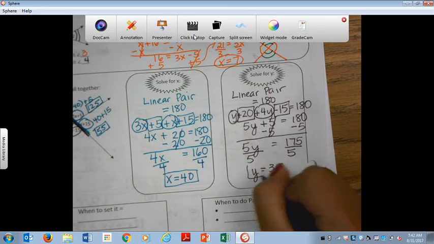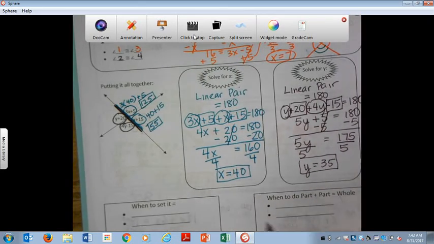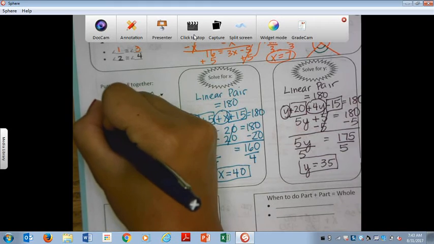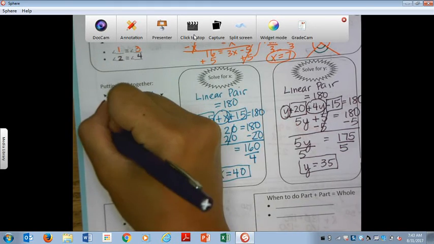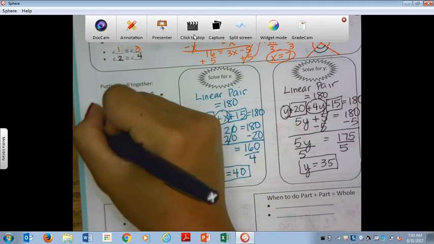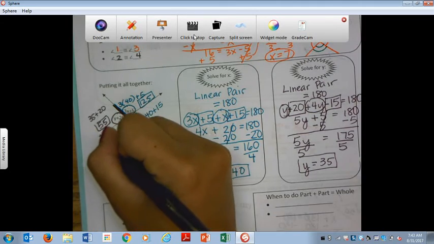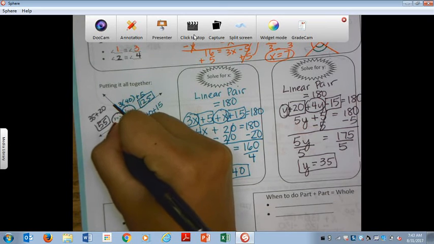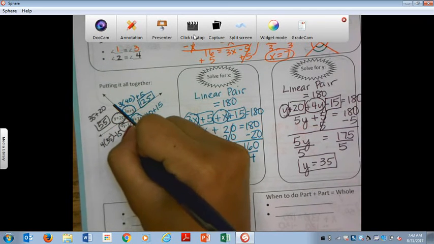So let's plug that in and check our answers. You've got 35 plus 20, which is 55. That works. And then you've got here 4 times 35 minus 15, that's 125.